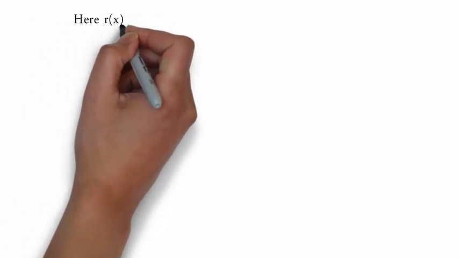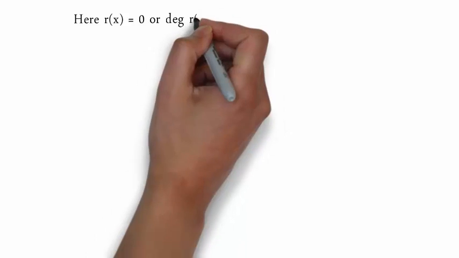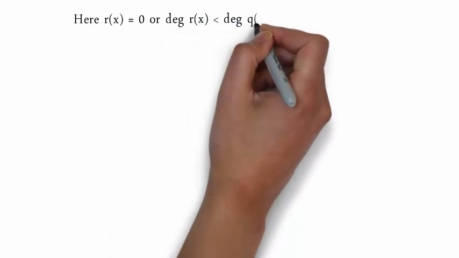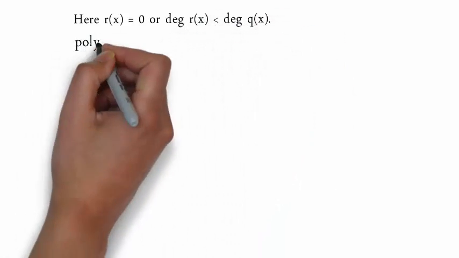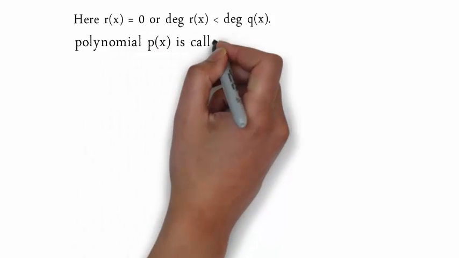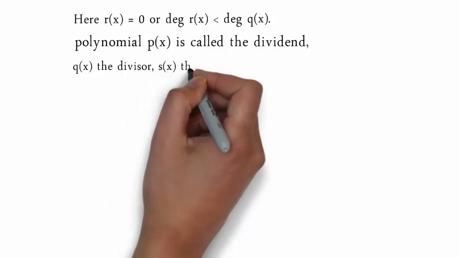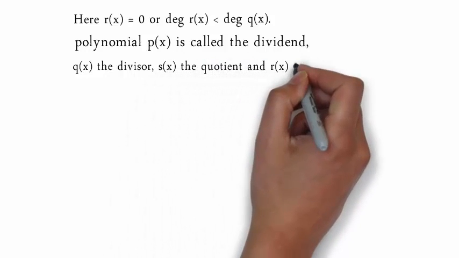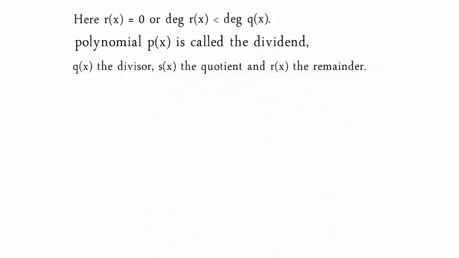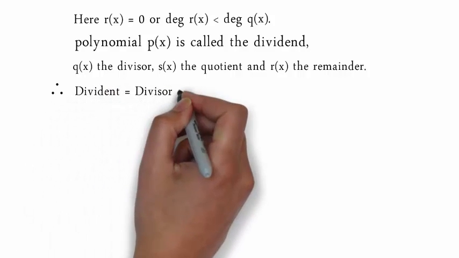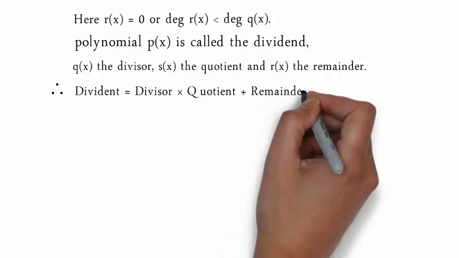Here, r of x is equal to 0 or degree of r of x is less than the degree of q of x. The polynomial p of x is called the dividend, q of x the divisor, s of x the quotient and r of x the remainder. Therefore, dividend is equal to divisor into quotient plus remainder.